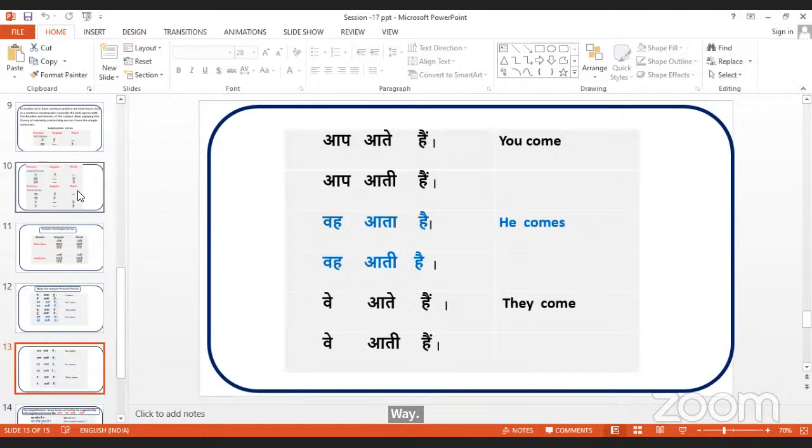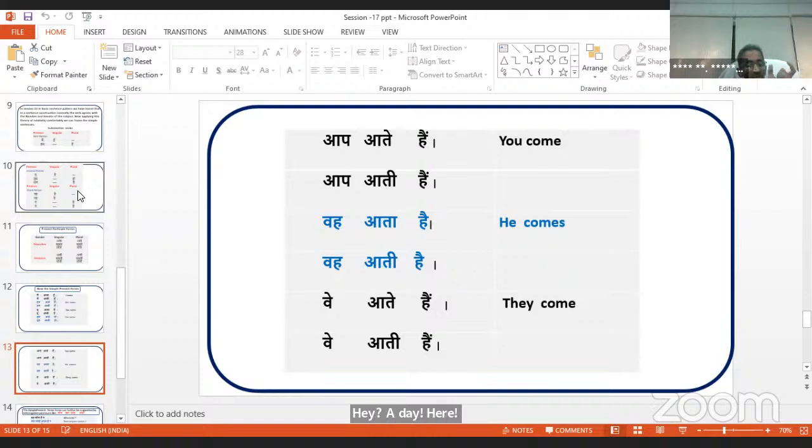Because the subject is plural, if it is masculine, so ते हैं, आते हैं. Whenever वे comes as a feminine plural, it is आती हैं. That bindi, that dot itself shows that it is in plural form. वे आते हैं, वे आती हैं.